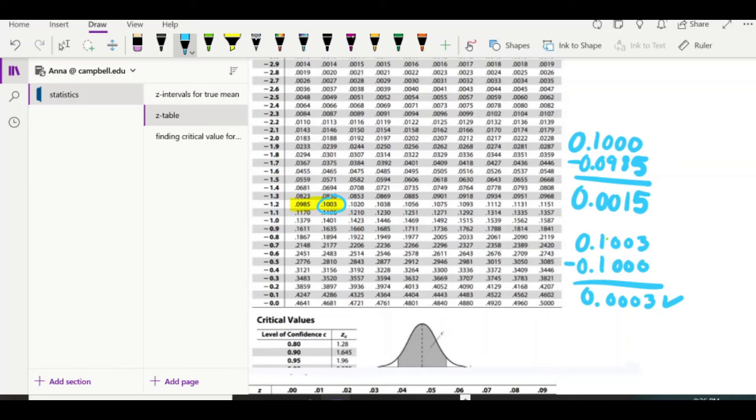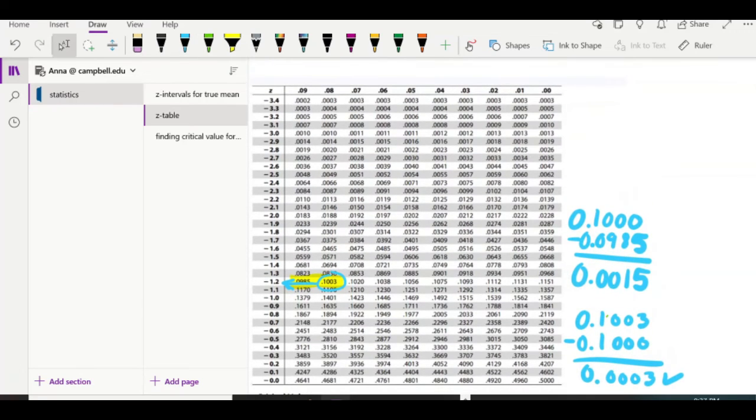So now we're going to work from the inside out. So we're going to draw an arrow to the left, all the way to the left, and we're going to come to negative 1.2. And we're going to draw an arrow all the way up to get the second half of that value. And we're going to see that is 0.08.